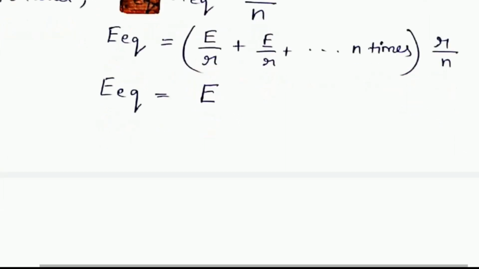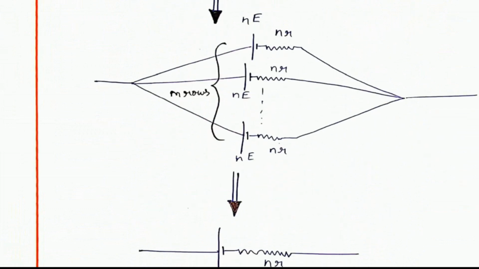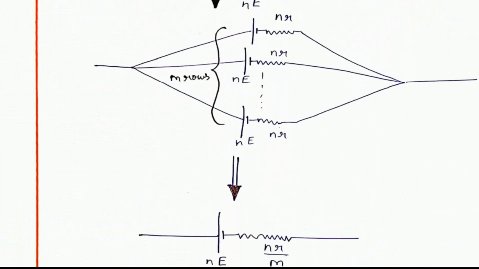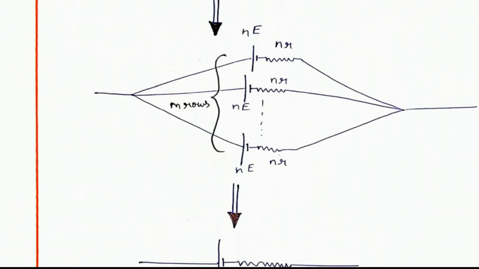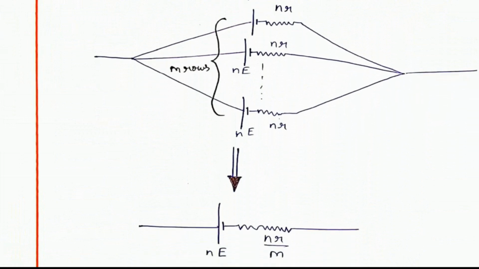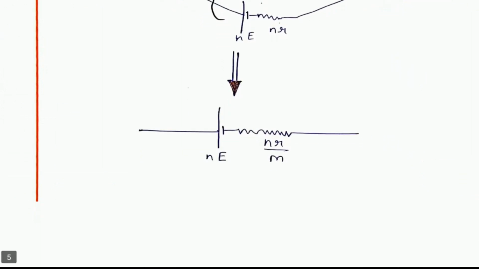So here also our net EMF will remain nE, but the net resistance will become the individual resistance divided by the total number of resistors. Here the total number of resistors is m, and the individual resistance is nR, so the net resistance will become nR by m. This is the final or equivalent cell of the total combination of cells.